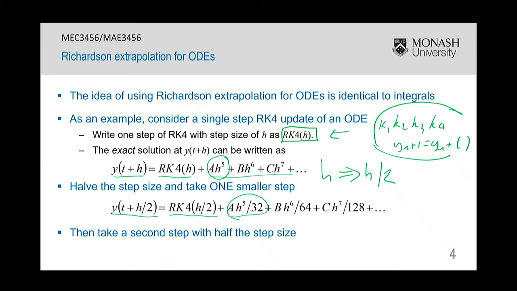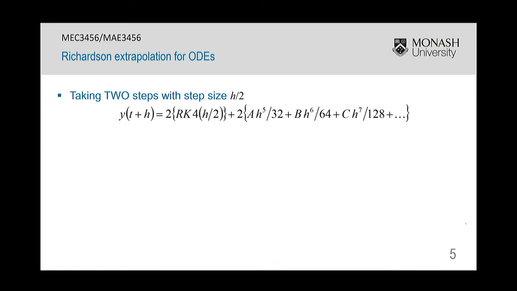If we were to now take a second step, in other words, go from y of t plus h on 2 to y of t plus h, we could write this as the exact value is equal to twice the RK4 step using a step size of h on 2 plus some error terms here. So the a h to the fifth on 32 is the error in one step, but because we've taken two steps, we need to multiply it by 2. So that's where that 2 comes from.